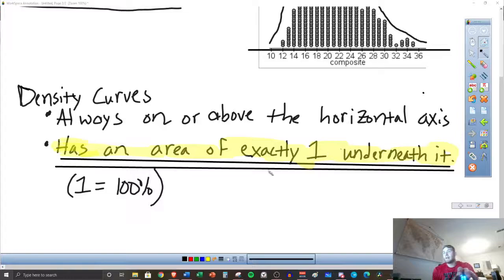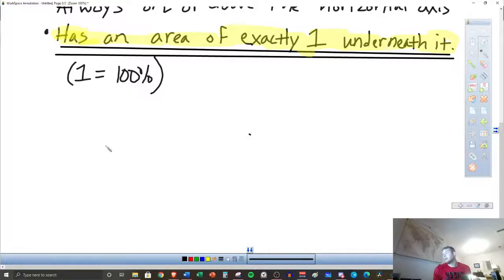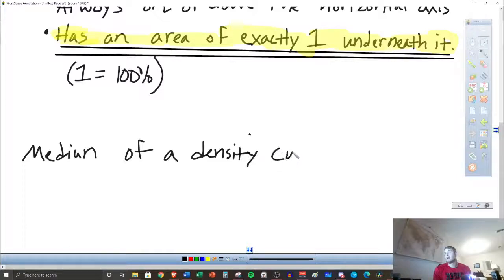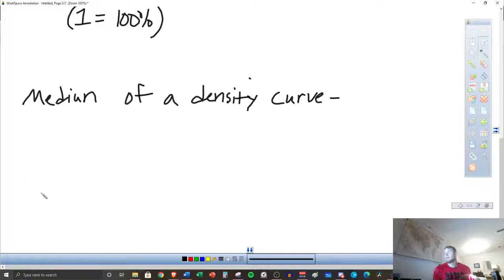This is the most important rule, but there are a couple other rules that we want to write down. So let's talk about the mean and median of a density curve.